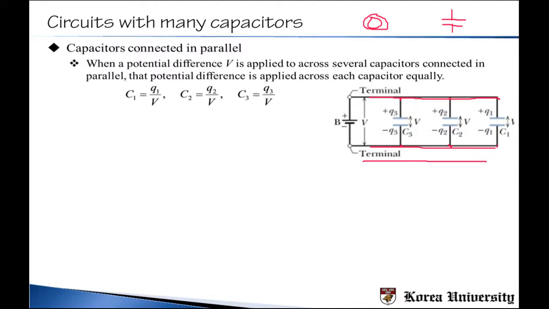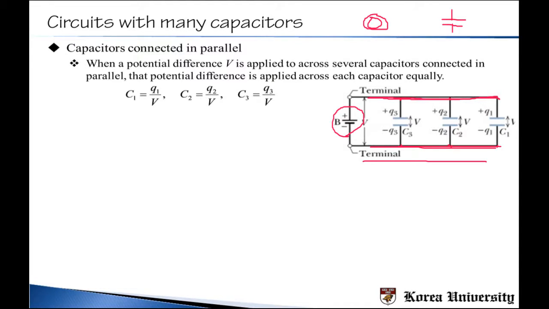So if you connect this battery here, the electric potential will be all the same throughout this conductor, and again all the same throughout this conductor. So the potential difference across each capacitor becomes all the same. In this case, it is V of the battery, okay?